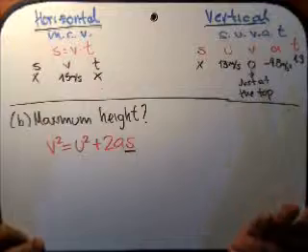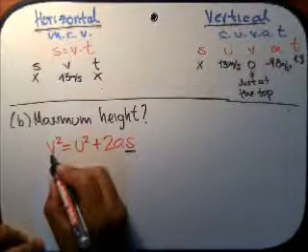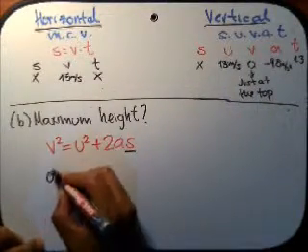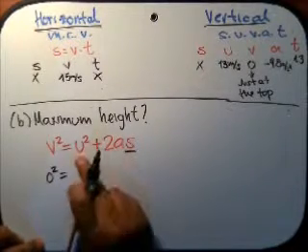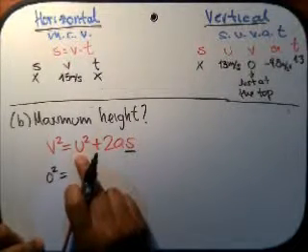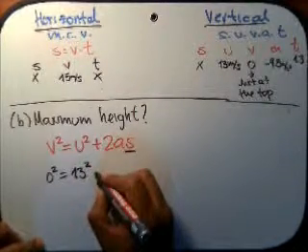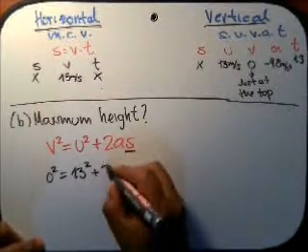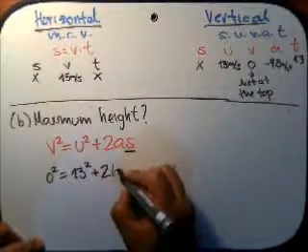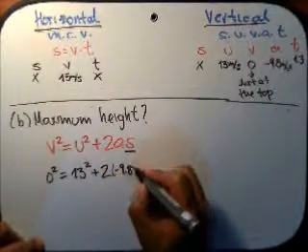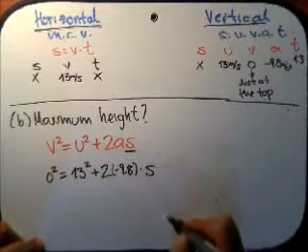Why? Because I have everything. I have the final velocity, which in this case is 0, so 0 squared equals initial velocity 13 squared plus 2 times the acceleration, which is negative 9.8, times the displacement.